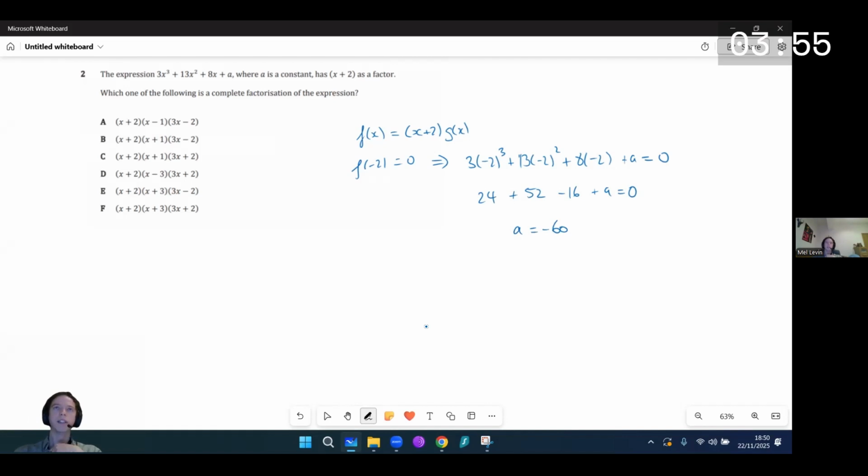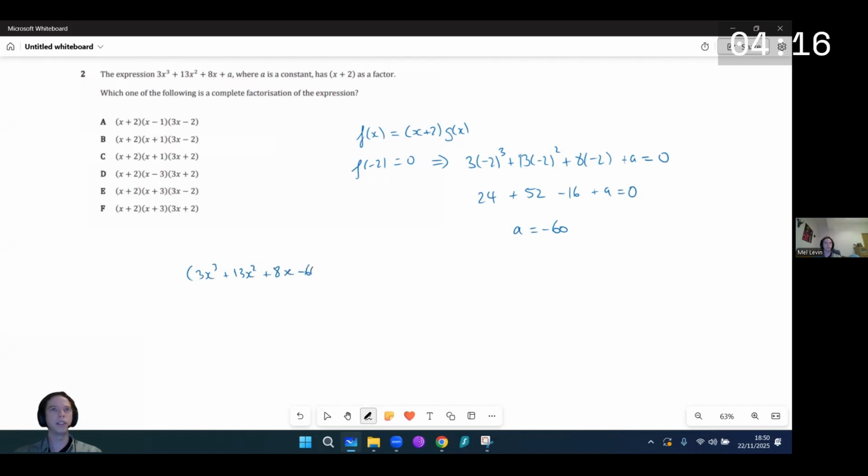Lovely. Next, we're going to divide out this polynomial by x plus 2 to get g of x, right? You could use long polynomial division, but it's not really necessary. You can just do a little inspection of the coefficients.